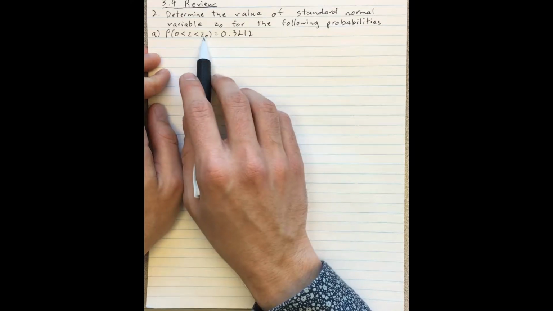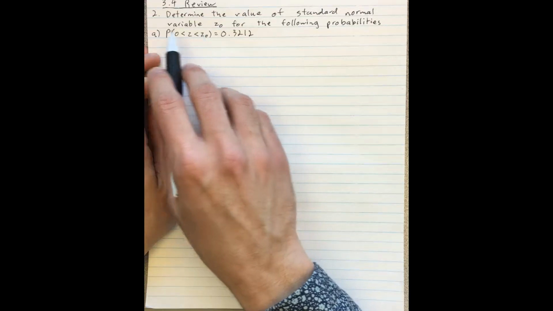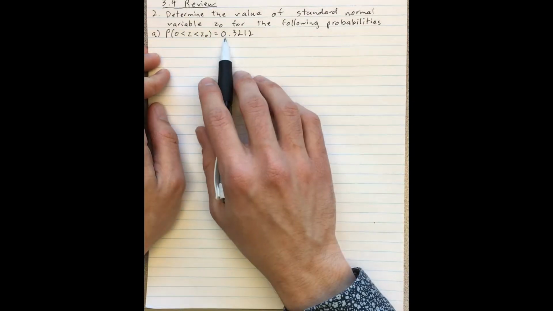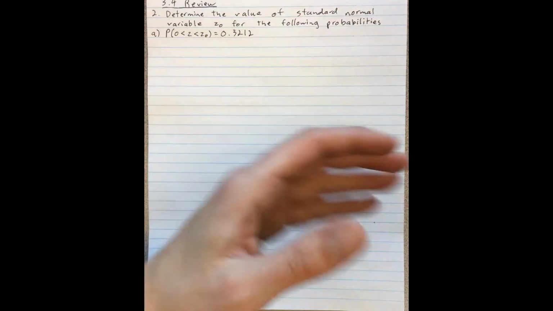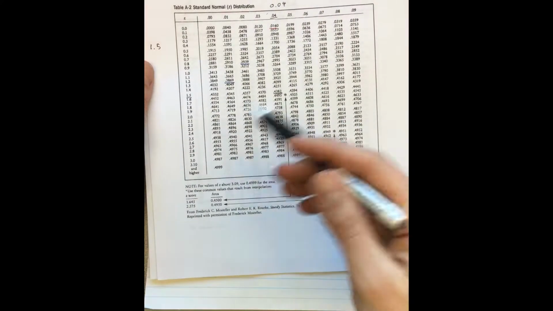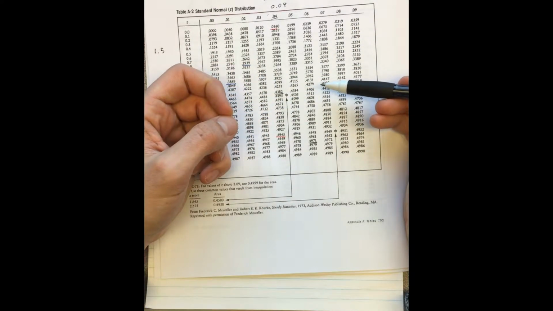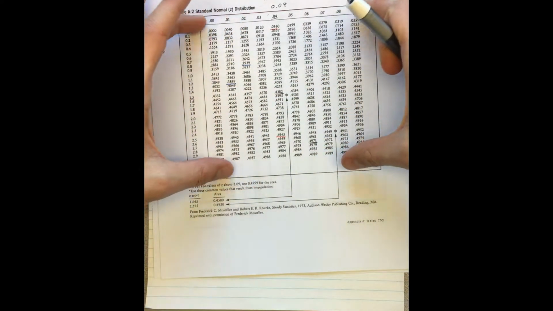But we want to work backwards to figure out which z naught we would have needed to set to find that probability on this table. Before, we were looking at the columns and the rows and trying to find a probability. Now we're going to be looking at the probability and trying to find what our z naught value is.